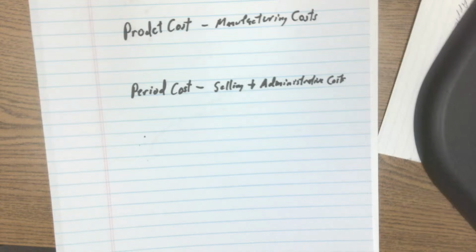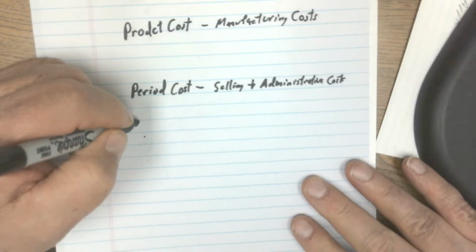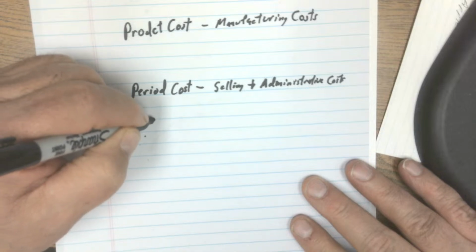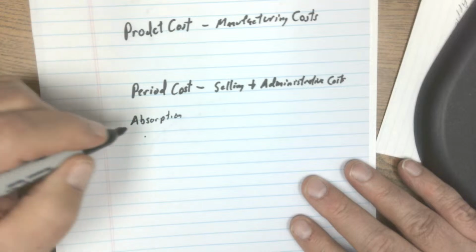Now, when we get up here, I mentioned already the two different types of accounting. We have full cost accounting or absorption accounting.